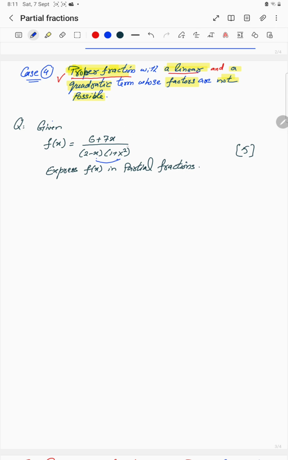So it's justified. We can start: (6 plus 7x) over (2 minus x)(1 plus x squared) equals. Here you can see we have one pure linear term and the other is a quadratic which is non-factorizable; you can't make factors of 1 plus x squared.